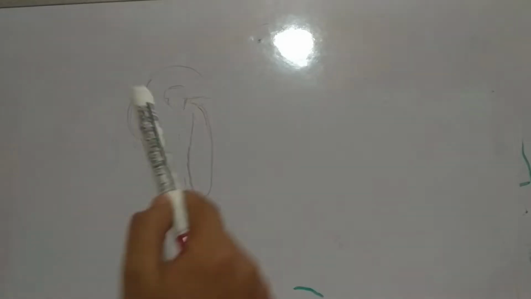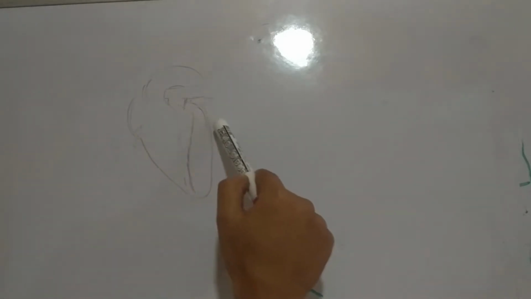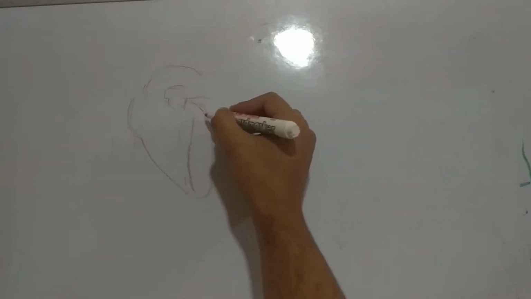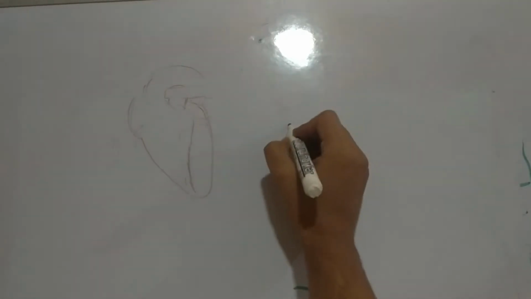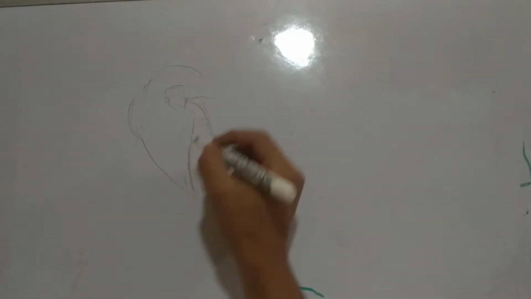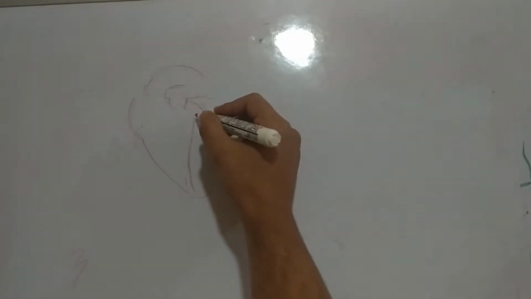So this is your LAD, this is your circumflex artery, and the circumflex artery is going backward.